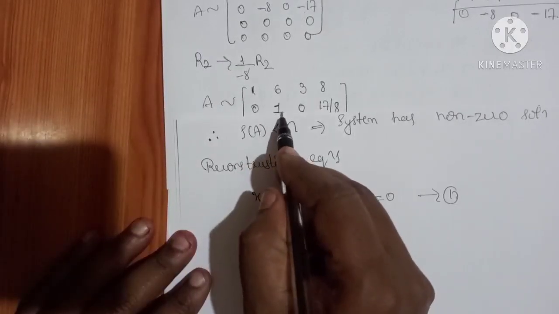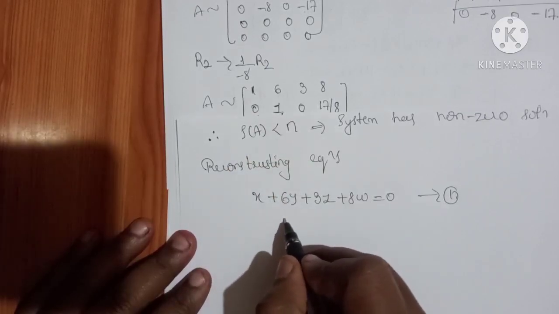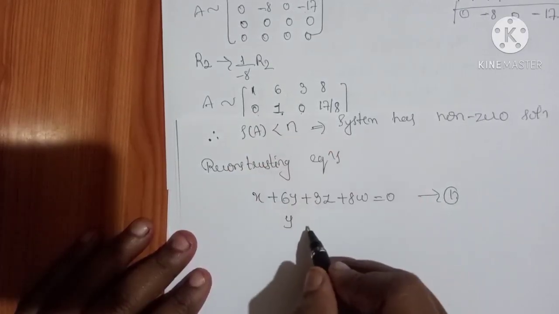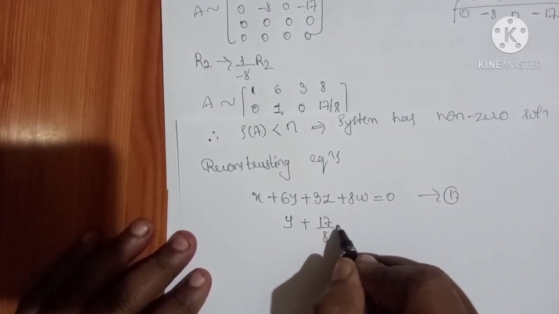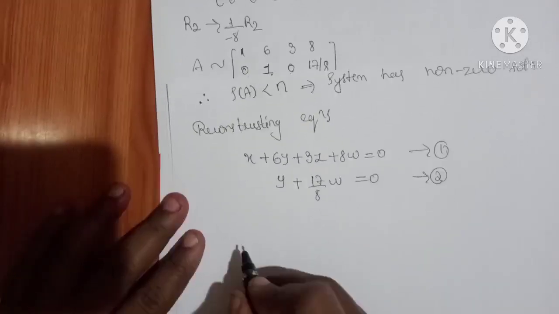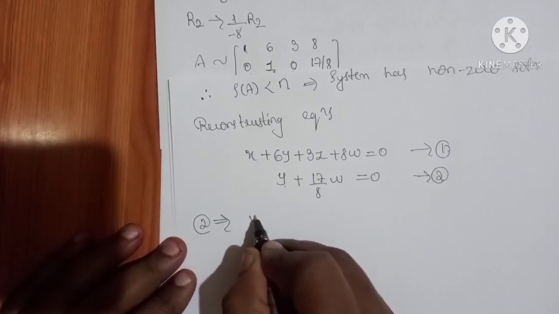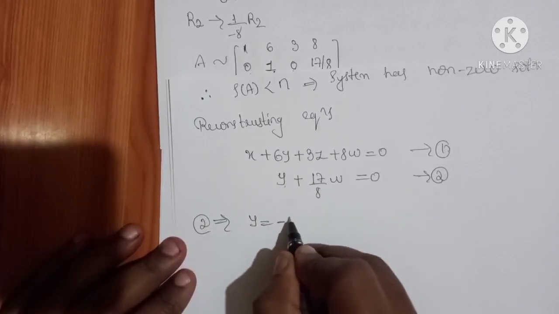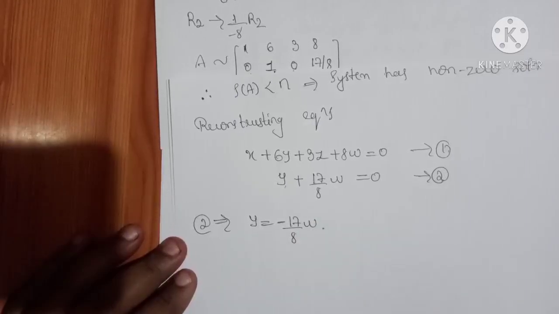Next, 0 into x plus 1 into y equals y plus 0 plus 17 by 8 into omega equals 0. Consider this as equation 2. Therefore equation 2 implies that y can be written as minus 17 divided by 8 into omega.